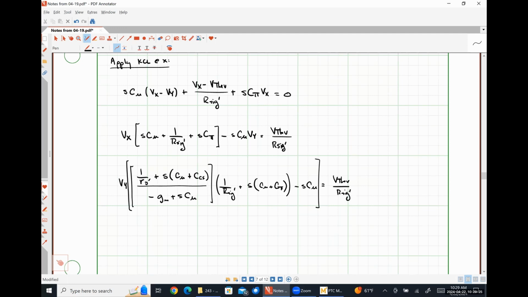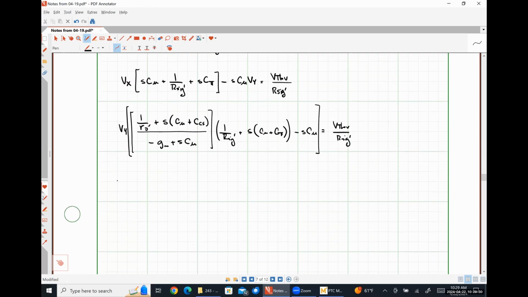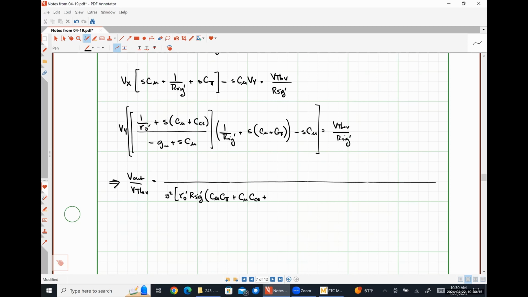So what we're going to wind up seeing is that V out, which is nothing more than Vy, divided by Vthev comes out to be, let me give myself a huge space here, S squared times R naught prime times R sig prime times C mu C pi plus C mu CCS plus CCS C pi, plus, is it going to confuse you guys too much if I do this next coefficient underneath?